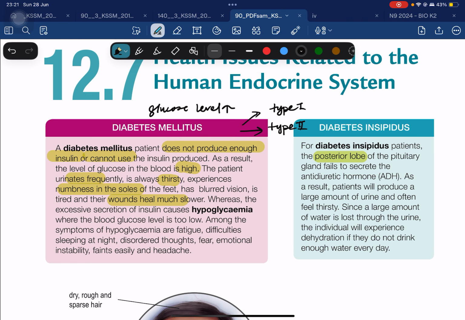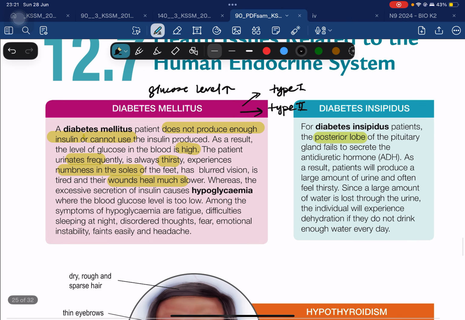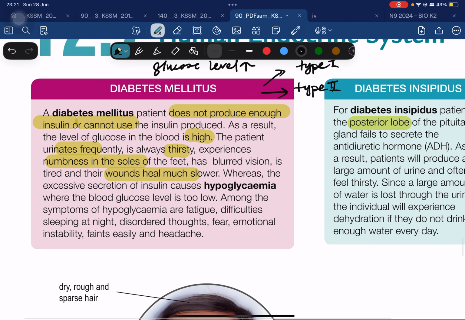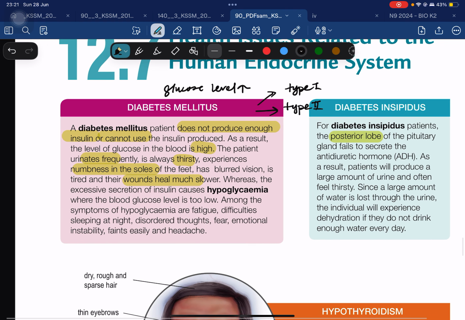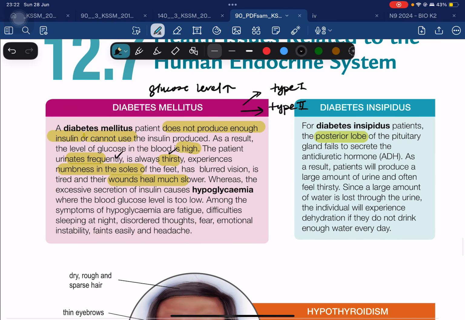So when we cannot convert the glucose into something else, it will cause our blood glucose level to become excessively high, or we can say the blood glucose spikes. So what are the symptoms of it? For example, the patients will urinate frequently and always feel thirsty, and even experience numbness in the soles of the feet.